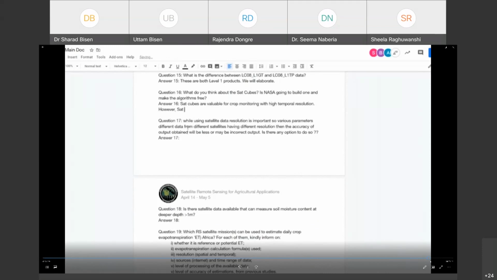NASA has launched and will continue to launch small sats, but currently a lot of the applications are not for agriculture. NASA has really invested heavily in platforms such as the Landsat platform and the Terra and Aqua platforms with sensors such as MODIS, as well as VIIRS, which is the follow-on instrument to MODIS.